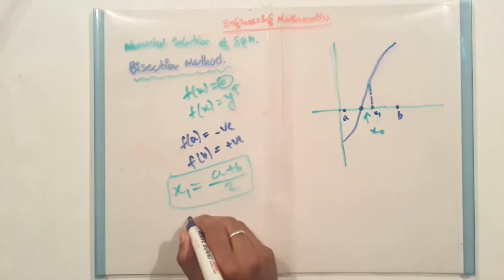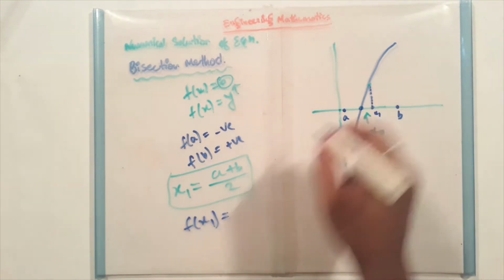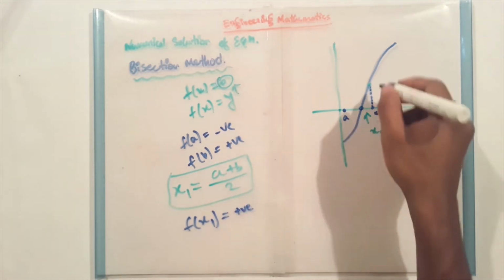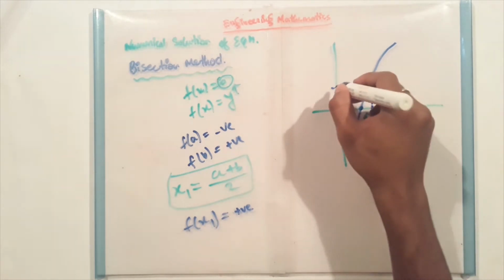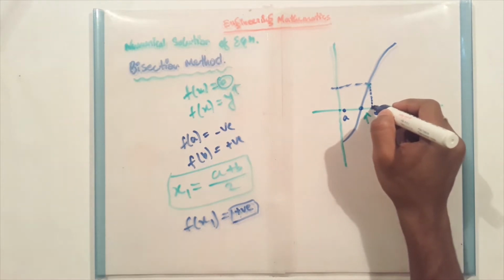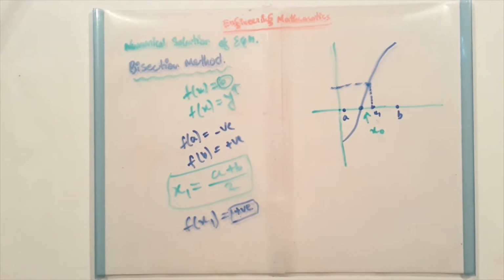Now we will check f(x1), whether it is positive or negative. In this problem it is positive, as we can see here, because at x1 the value of y is positive. Understand? Now for the second approximation, let x2 be the second approximation.